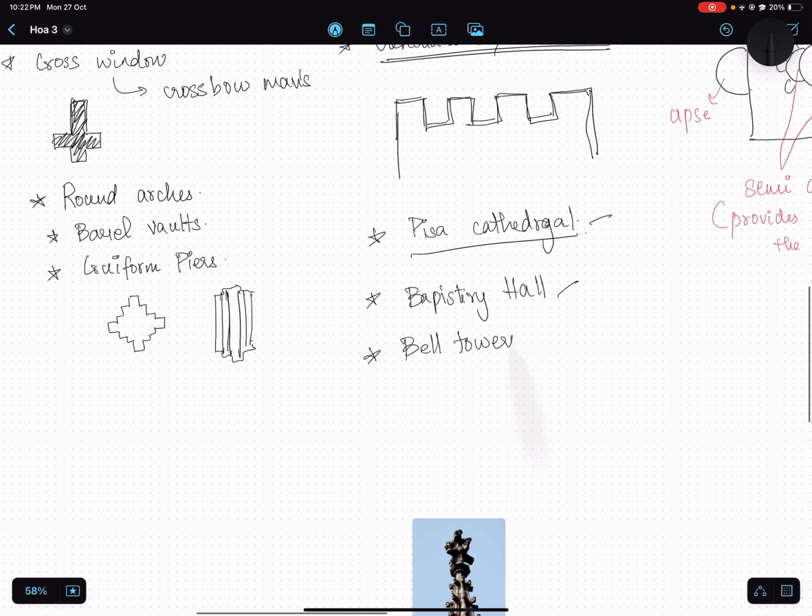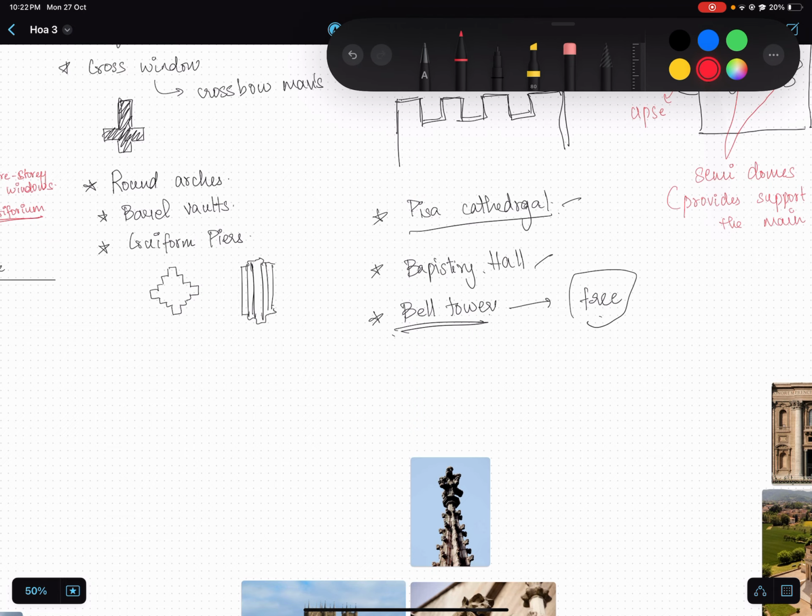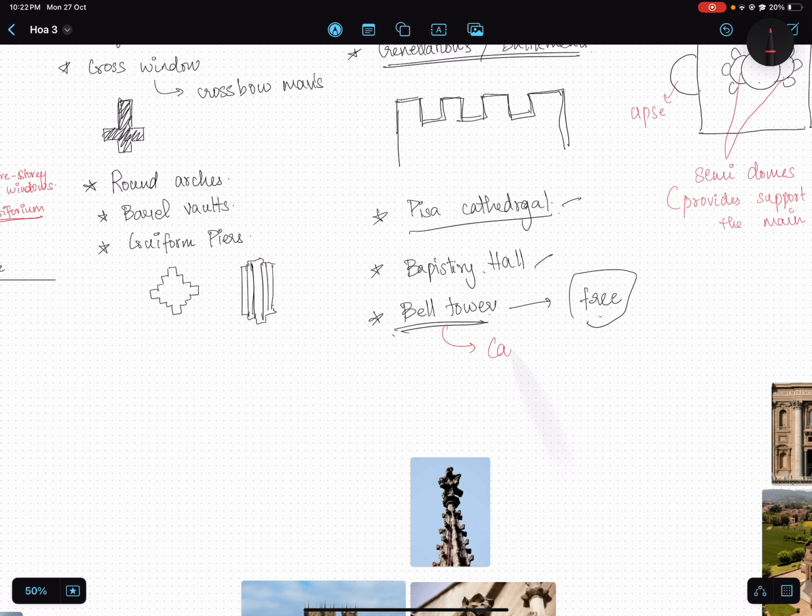Bell towers also become an important feature of Romanesque architecture. Most of the time these were free, that is, they were separate and not constructed with the baptistry hall or Pisa Cathedral, and it is called a campanile.